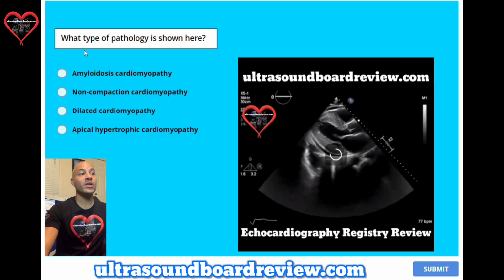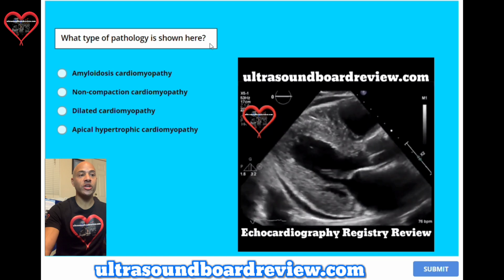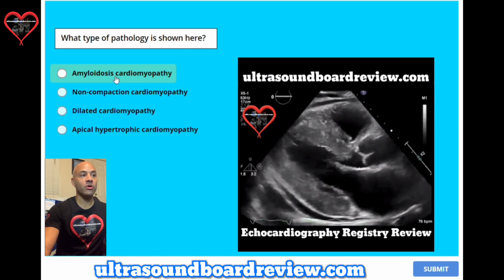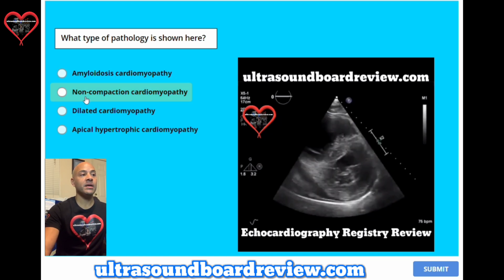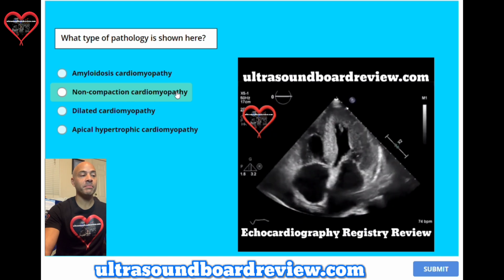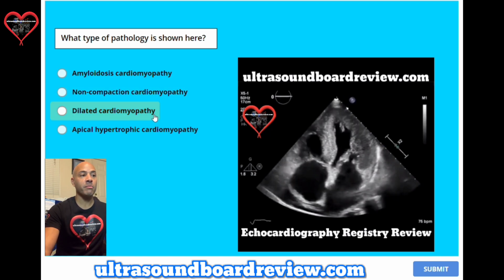Question 77. What type of pathology is shown here? A. Amyloidosis cardiomyopathy. B. Non-compaction cardiomyopathy. C. Dilated cardiomyopathy.